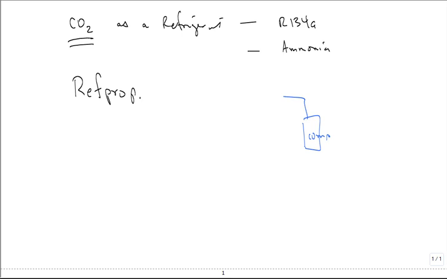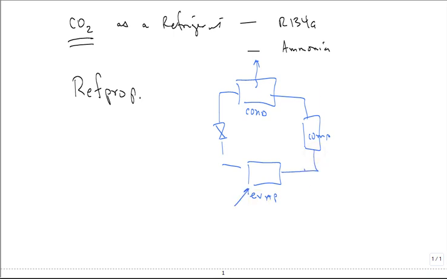Would you have some sort of heat exchanger which rejects heat, known as the condenser, then some expansion valve, and then some heat exchanger like an evaporator, where you pick up some heat and go back and forth, like a cycle, 1, 2, 3, 4 for our states in between. Makes sense? And we have a high pressure side, pressure high, and we have a low pressure side, pressure low.